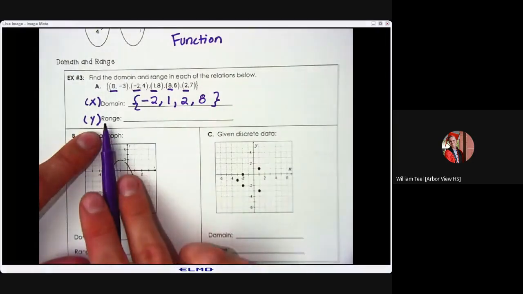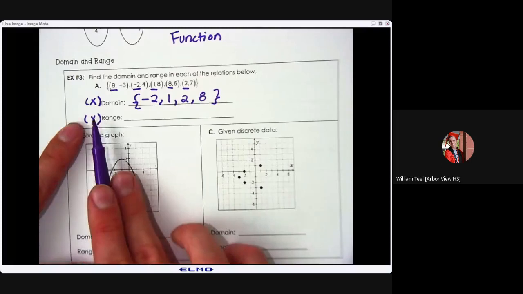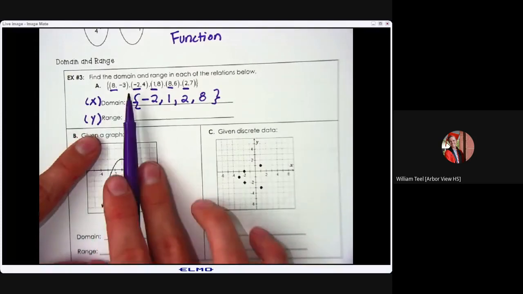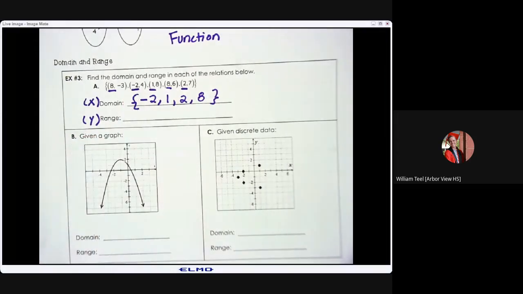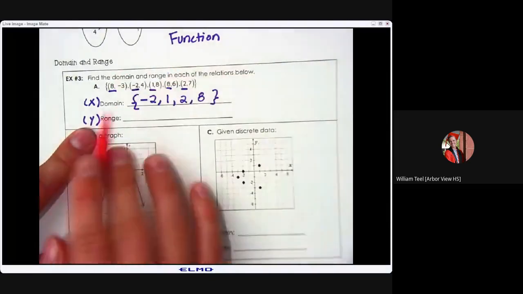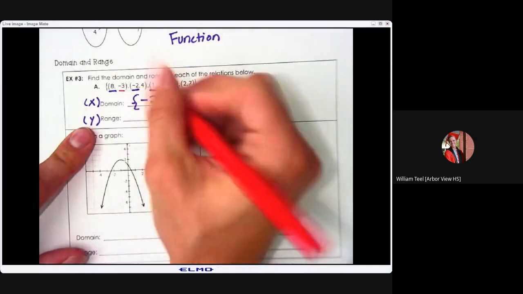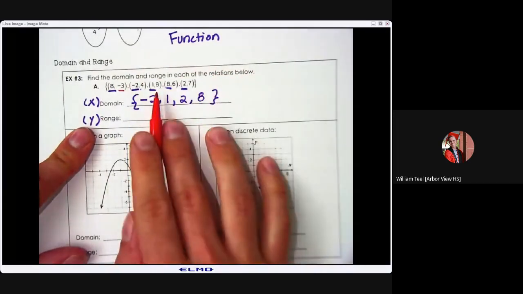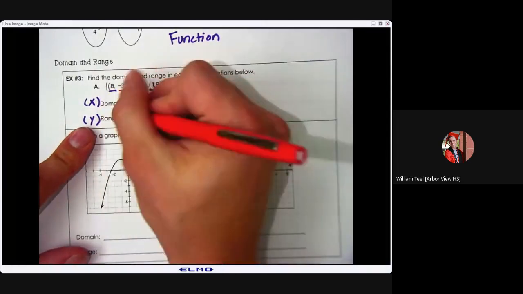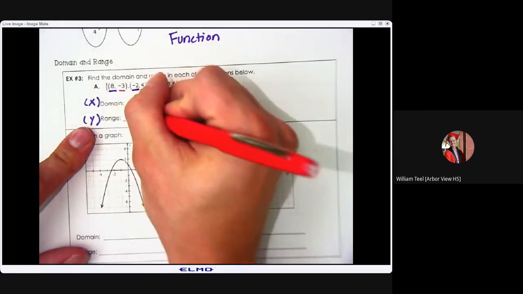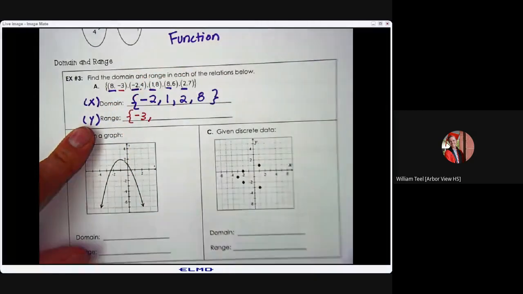Now, looking at the range, like I said, the range is all of the possible outputs of the relation. So if we look at all of the outputs of the relation, that is going to represent our range. Let's look at this. We have -3, 4, 8, 6, and 7. -3 is going to be the smallest, so I'm going to put that first. We're going least to greatest.